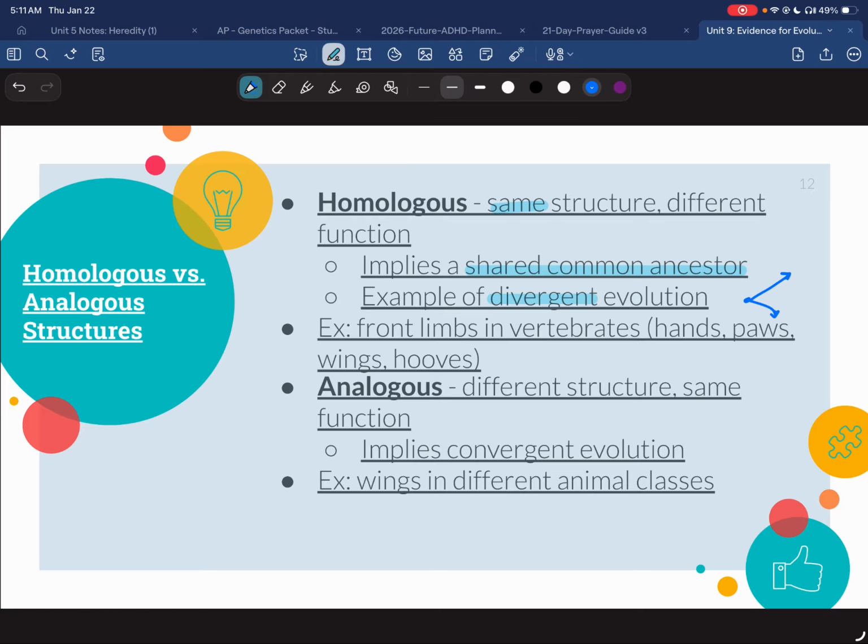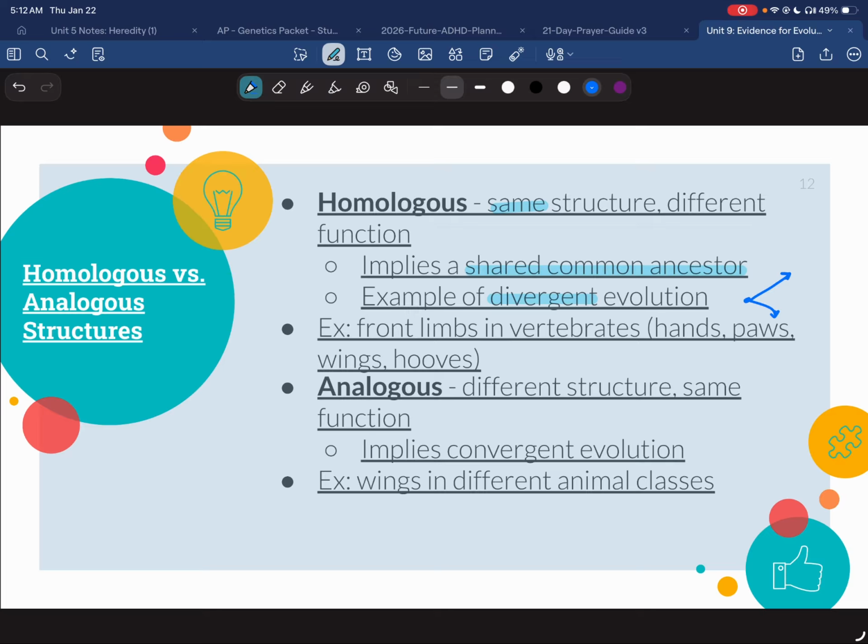An example of this would be front limbs in vertebrates. That's all vertebrates, like reptiles, mammals, fish, birds, amphibians. But even just in mammals, you see hands, you see paws, you see wings, you see hooves. The basic bone structure, if you look at the x-rays of them, is very similar.